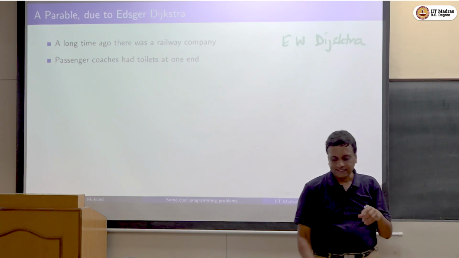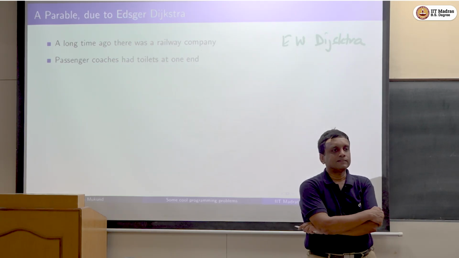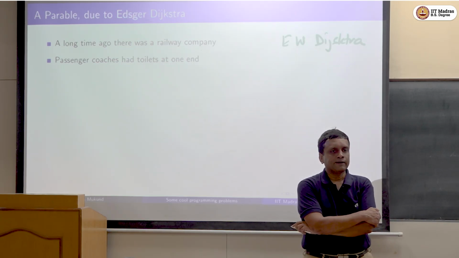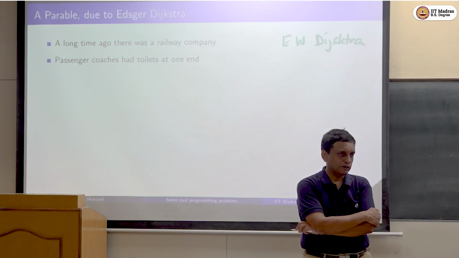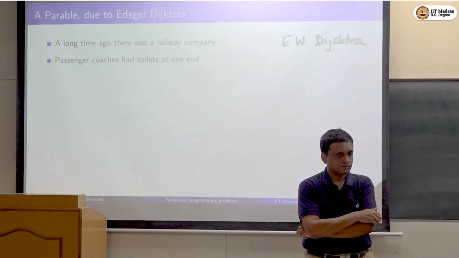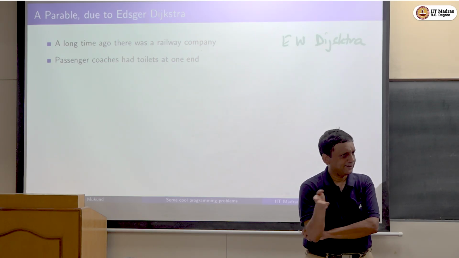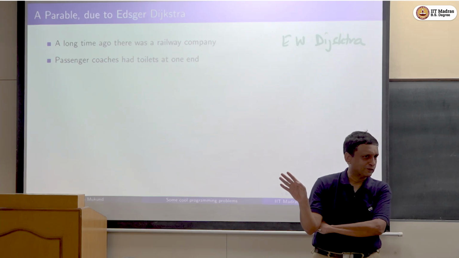So the story says that there was a railway company, right? And this railway company had trains in which all the coaches had toilets, but toilets only at one end of the coach. Right? Not like our typical thing, but I think Vande Bharat has only one end. Right? If you take Vande Bharat, the toilets are only at one end.